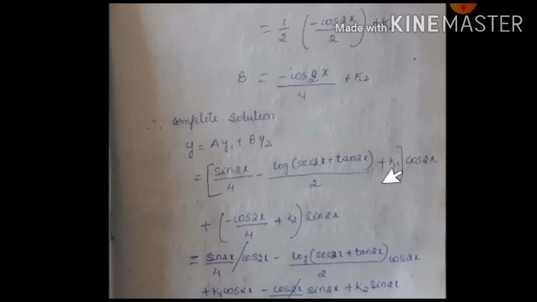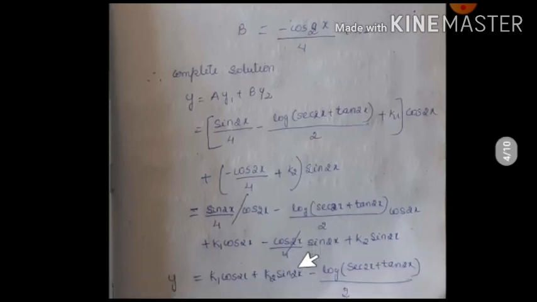Now observe that the first terms you write, k1 cos 2x, k2 sin 2x, are nothing but the complementary function which you write in the first step. Yes, k1 cos 2x and k2 sin 2x. And multiply this to the term sin 2x into cos 2x by 4, and multiply cos 2x to the second term also. In the same way here also multiply minus cos 2x with sin 2x by 4 plus k2. Observe that here plus and minus of the same term come across, which will get cancelled.